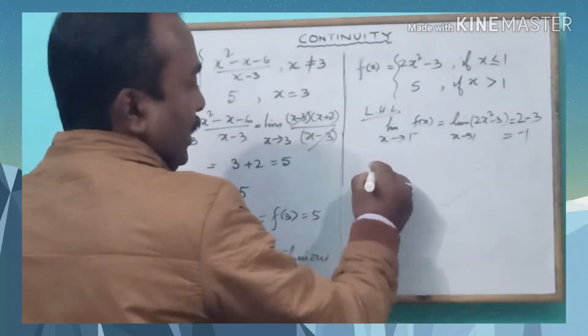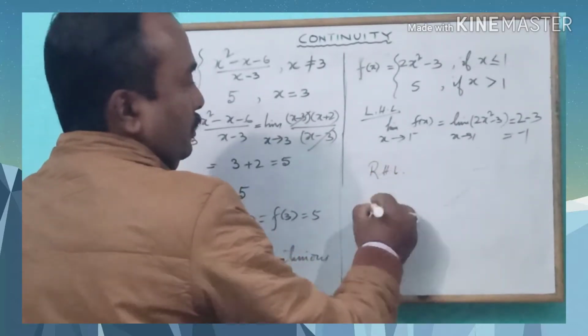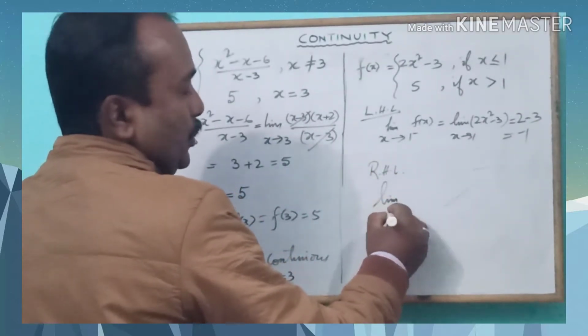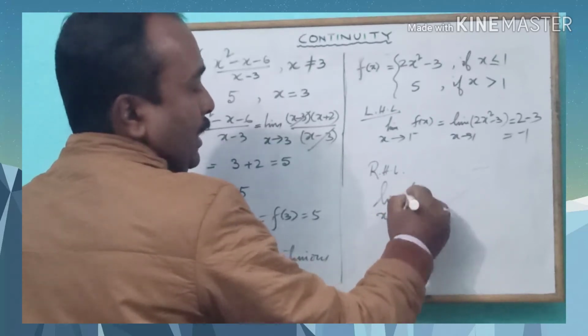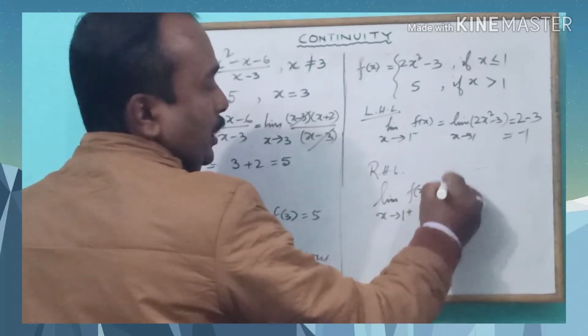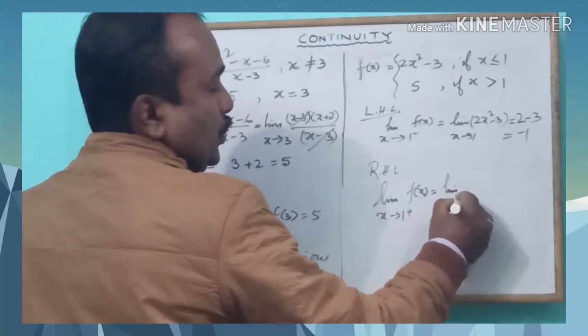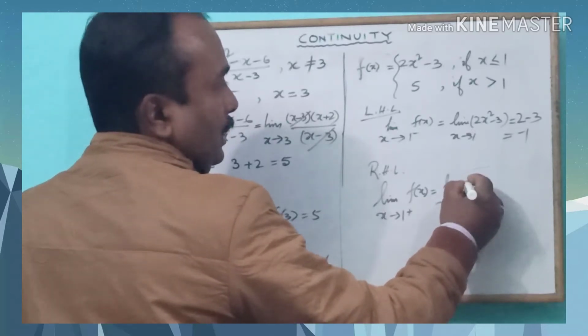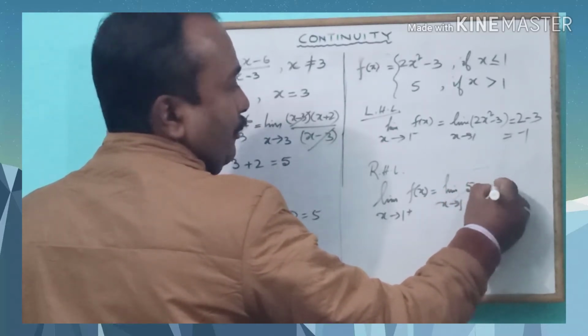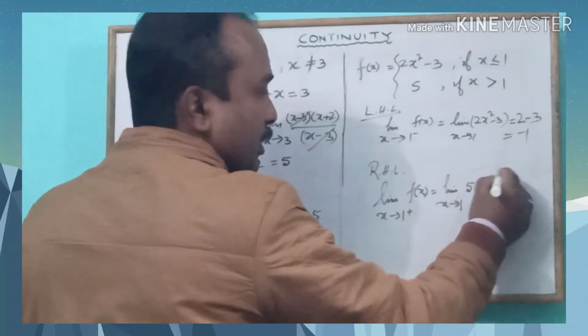And right hand limit is limit x tends to 1 plus f(x), that is equal to limit x tends to 1 of 5, that is 5.